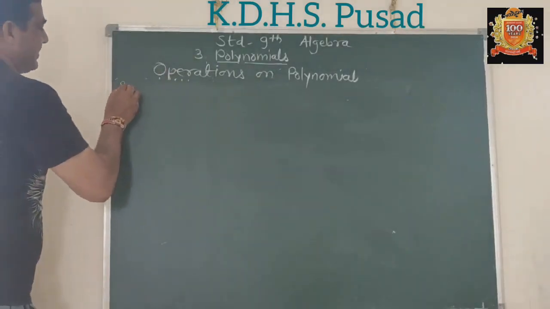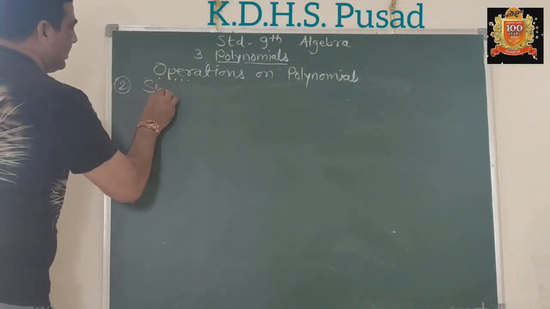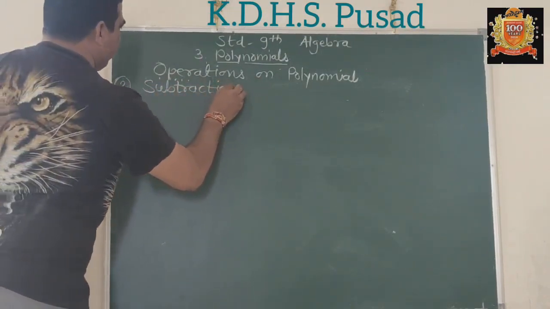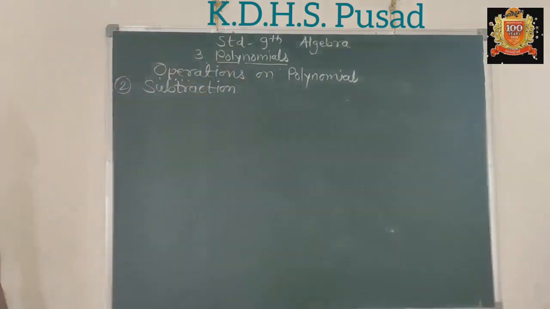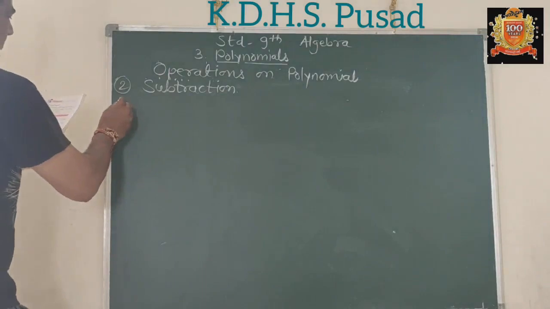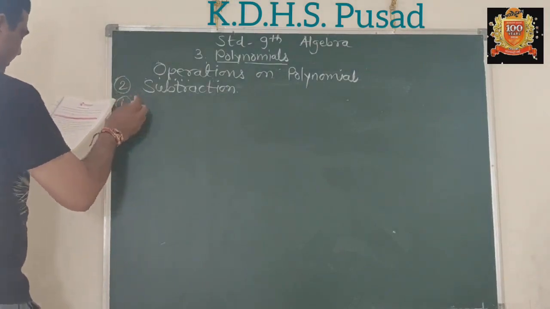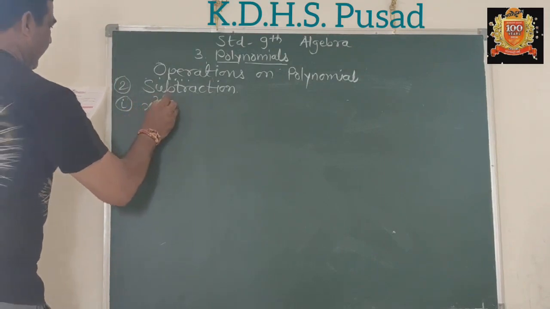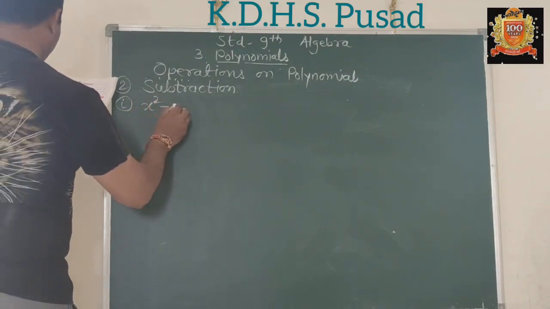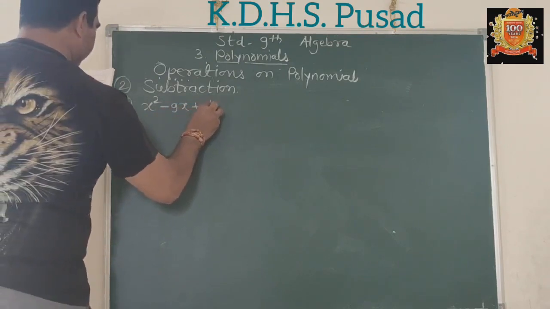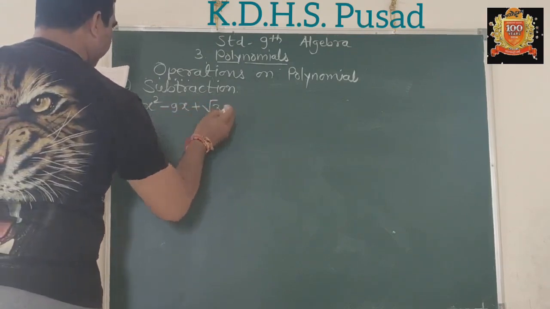Now we study subtraction. The second thing that we want to study is subtraction. So here I consider an example for subtraction. First question: x square minus 9x plus root 3 is the first one.